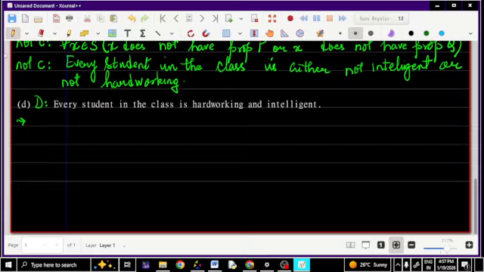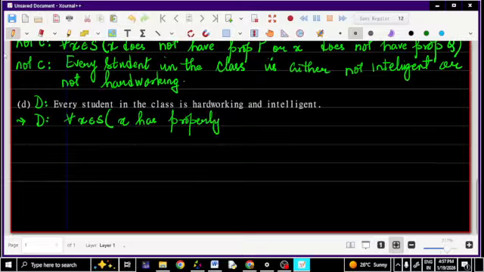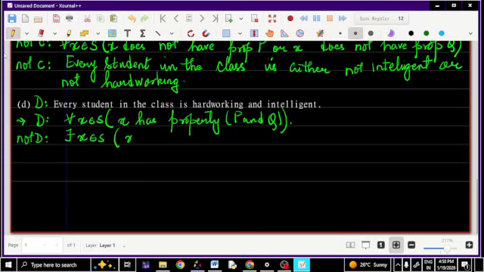Using quantifiers, I can write D as for all x in S, x has property P and Q. Right? So now to negate it using quantifiers itself, it will be there exists x in S such that x does not have: x has property P and Q.